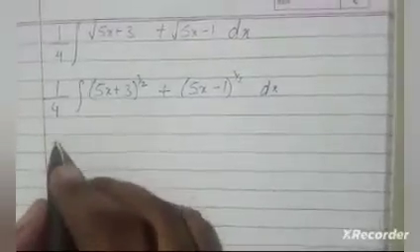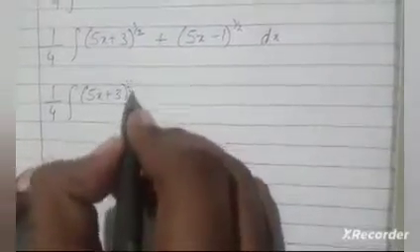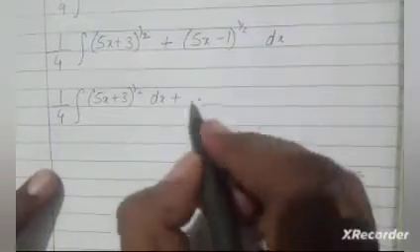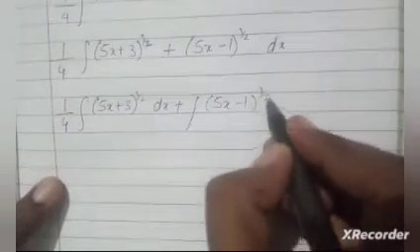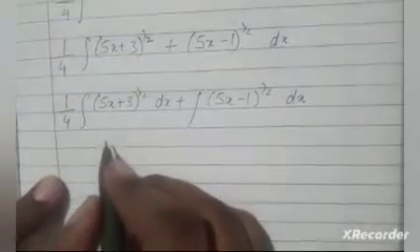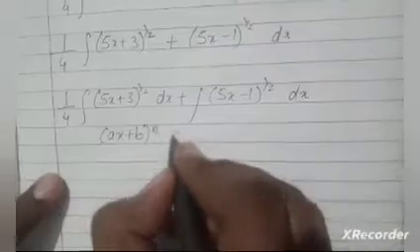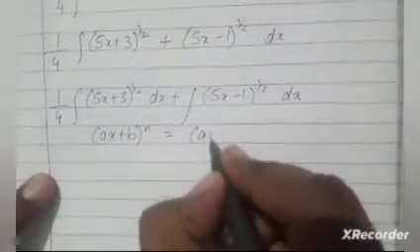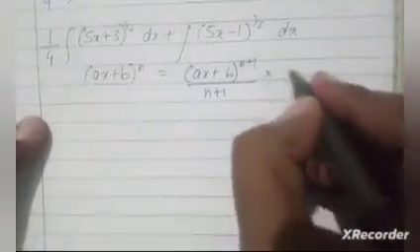Now we will take 1 by 4 integration to individual terms, plus integration 5x minus 1 raised to 1 by 2 dx. Now we will use the formula: ax plus b to the power n integrates to ax plus b to the power n plus 1 divided by n plus 1 into 1 by a.